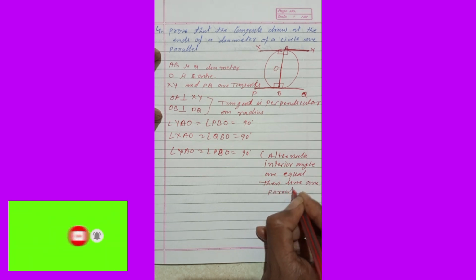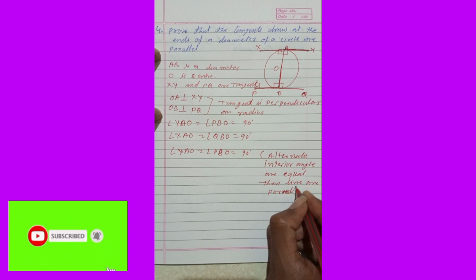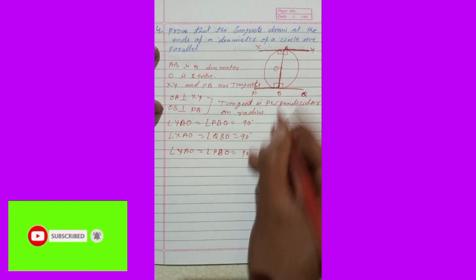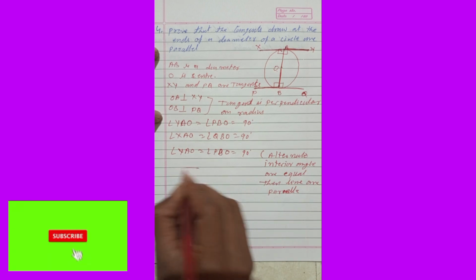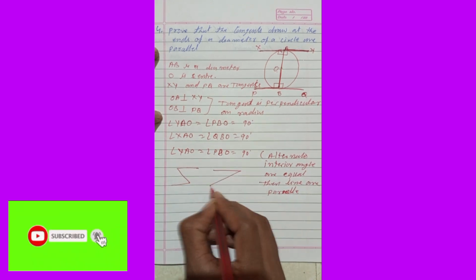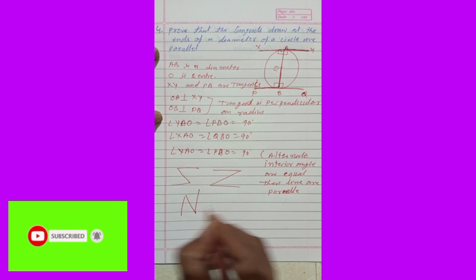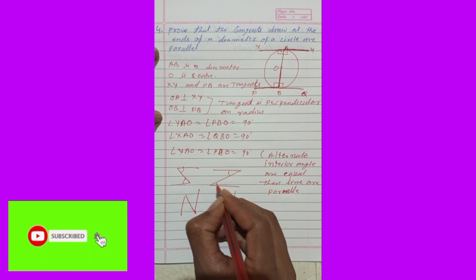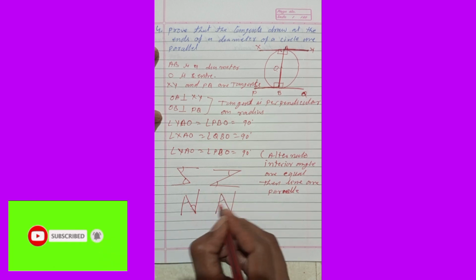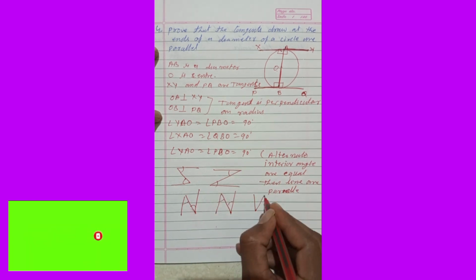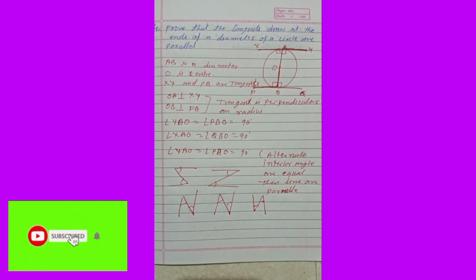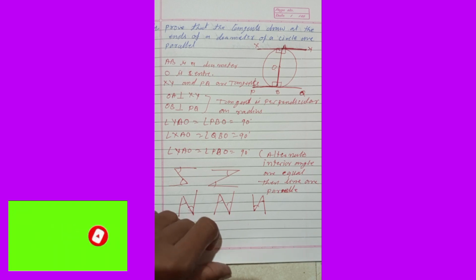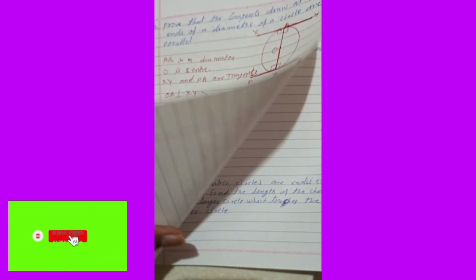How do we come to know? We know this if there is a Z, or inverted Z, or N, then these angles are equal, and if these angles are equal, then the lines will be parallel. Hence it is proved that the lines are parallel.